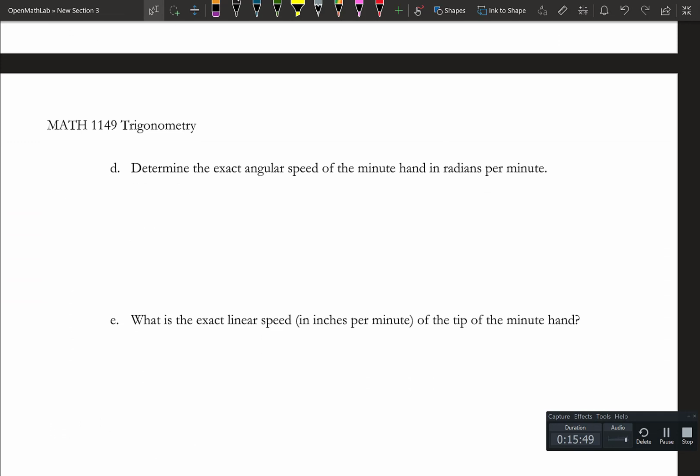All right, so then part D. We have 3 parts left for this problem. Same clock. Part D says determine the exact angular speed of the minute hand in radians per minute. For angular speed, we use omega equals theta divided by t.